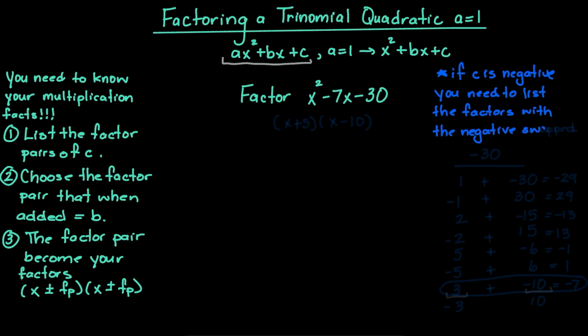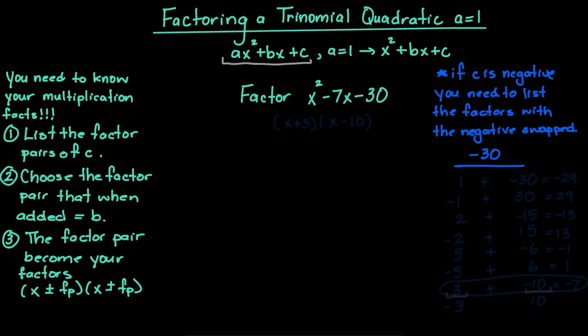So remember, to get a negative number when we're multiplying, it's going to be a positive times a negative. That means each factor pair has two possibilities. And I'll show you what that looks like.